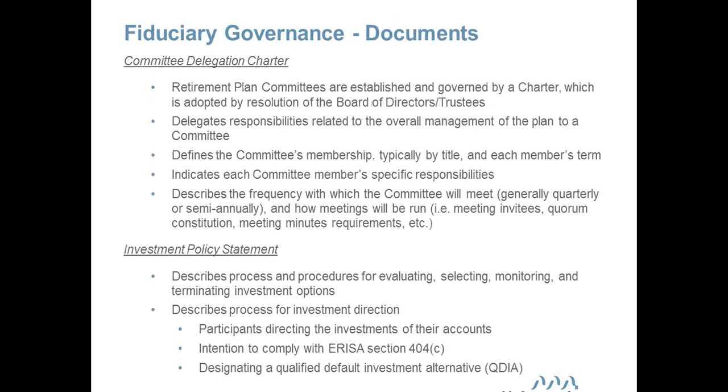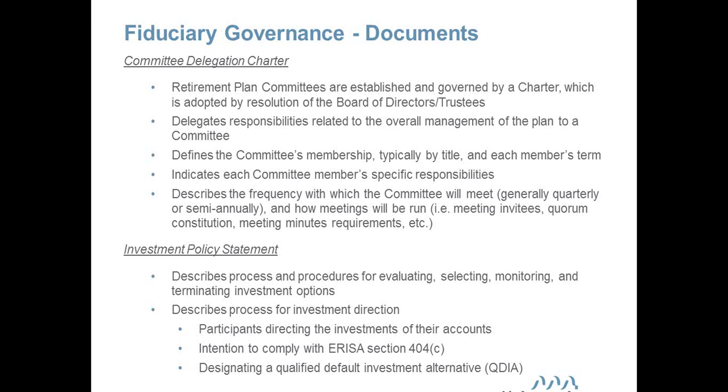So some of the documents to kind of get this process going: a committee delegation charter. We spoke about that a little bit ago, about plan committees being established by charter. It delegates the specific responsibilities, the box that they're allowed to make decisions within.